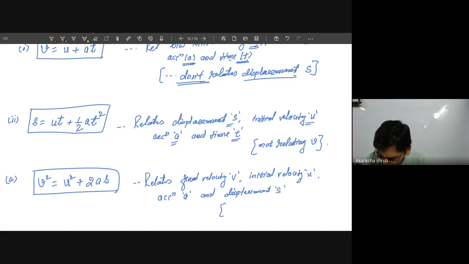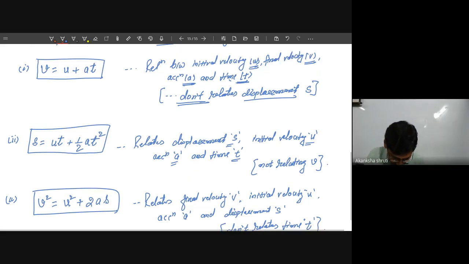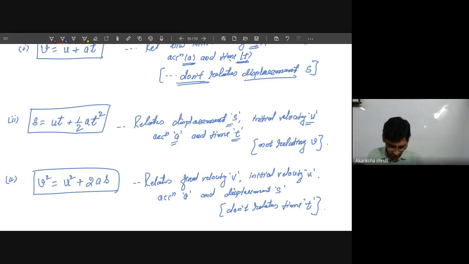Student, keep in mind it does not relate which quantity? Very good, it does not relate time t. So depending on the given values in our numerical, we have to choose one of these three equations.